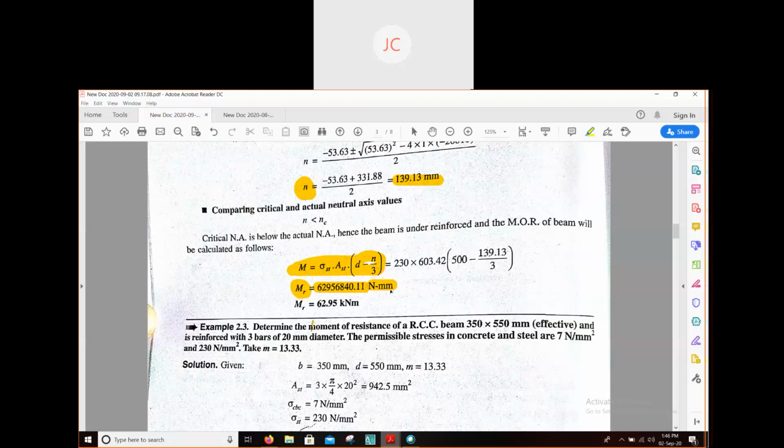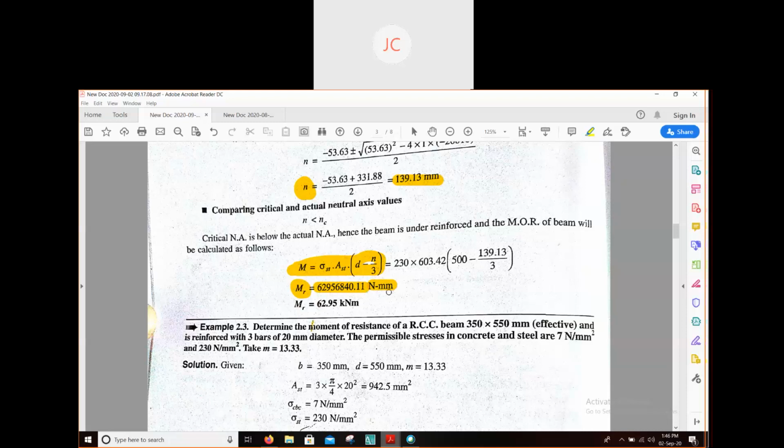But if you want to convert this value to kilonewton and meter, we have to divide the whole value by 10 to the power 6, because from Newton to kilonewton you divide by 1000, and from millimeter to meter again you divide by 1000.